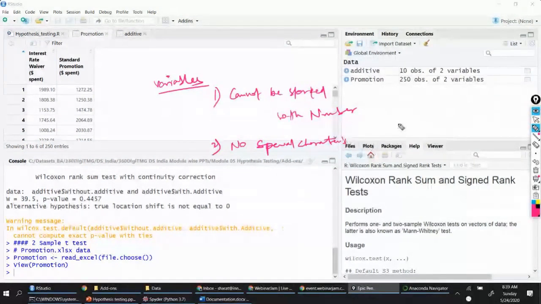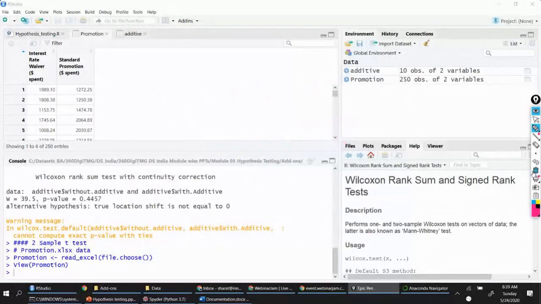You cannot have special characters; only dot or underscore are accepted. These are the two special characters which are allowed. But here I have open and close brackets, a dollar symbol, and spaces as well.